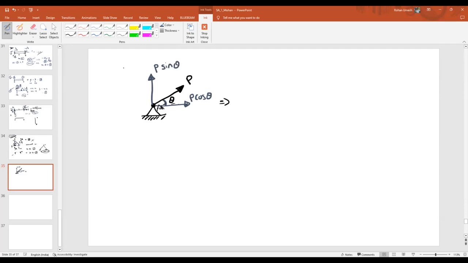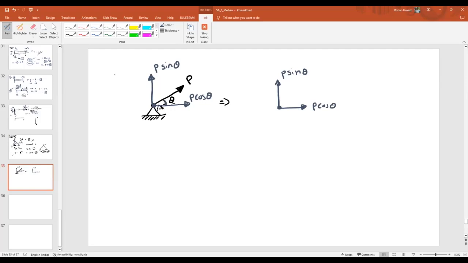Now, if I consider the free body diagram at point A, these are my forces, P cos theta and P sin theta.